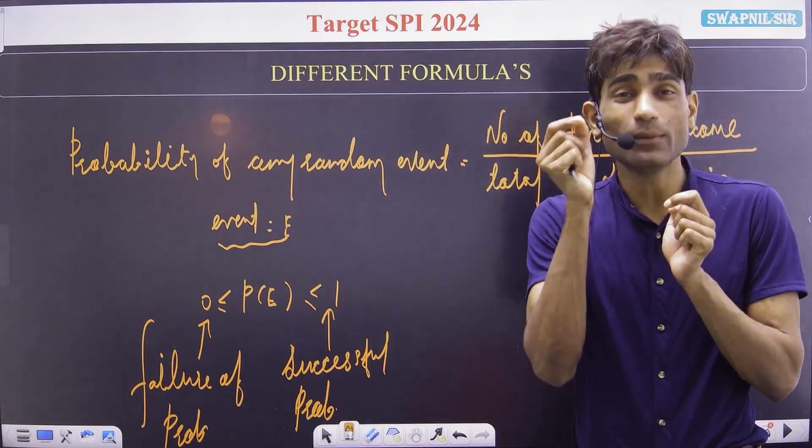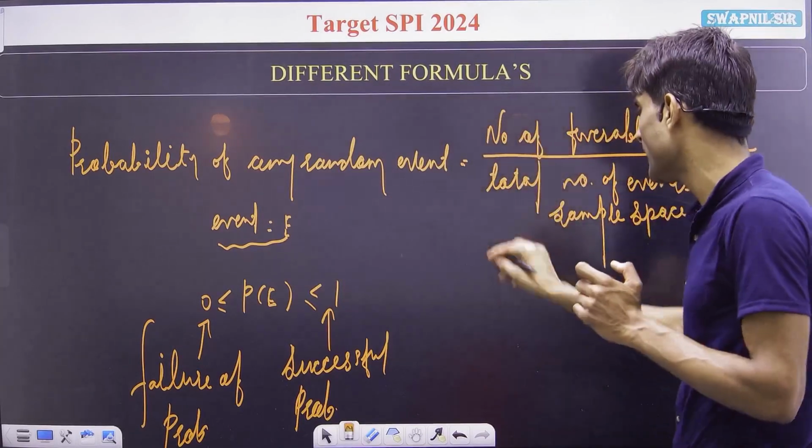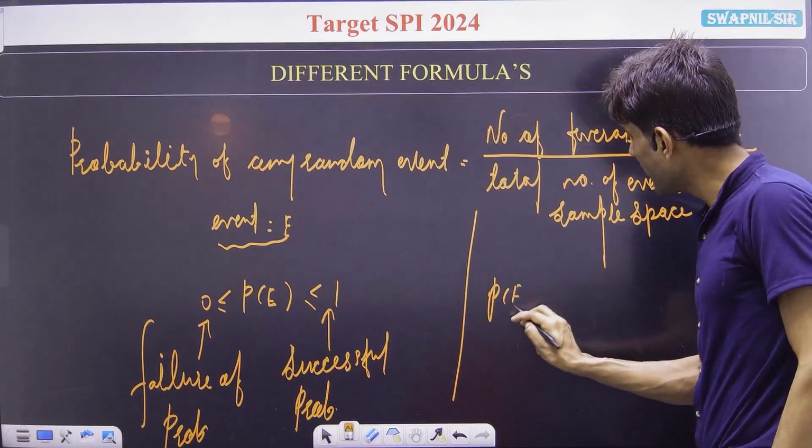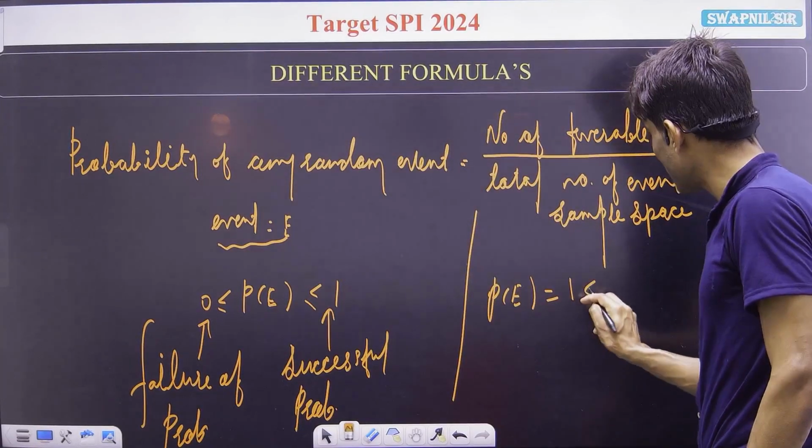Remember the meaning: when the probability of any event is 1, then we write it as a sure event.